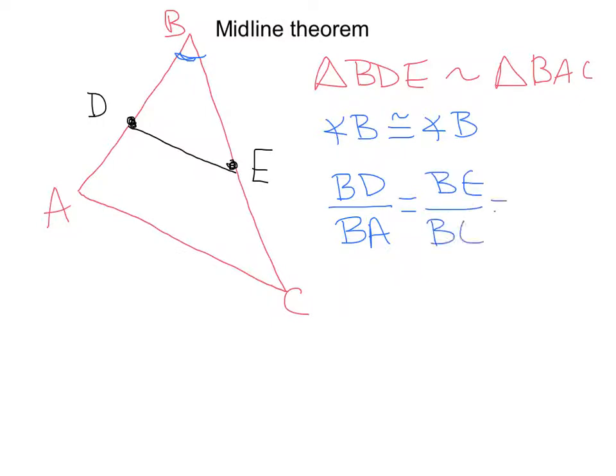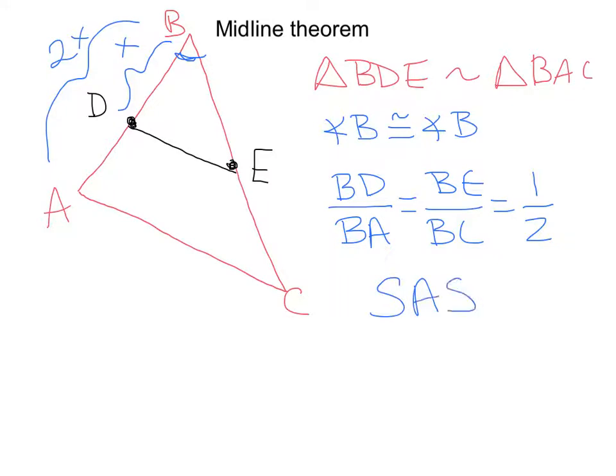That relationship happens to be 1 to 2, because if D is the midpoint, whatever this length is, we'll call it X, this length is 2X, and same on the other side. So these two triangles are similar by side angle side similarity.